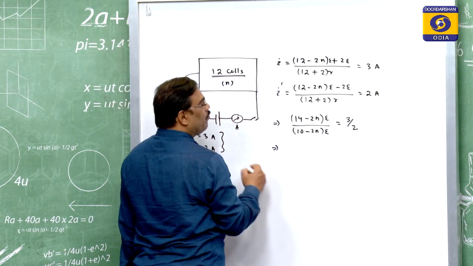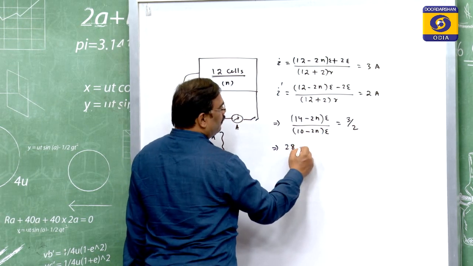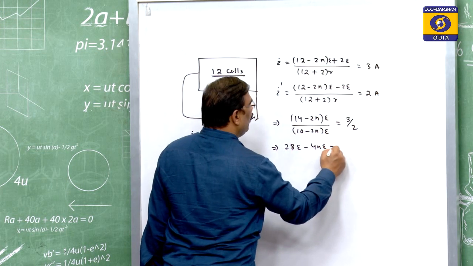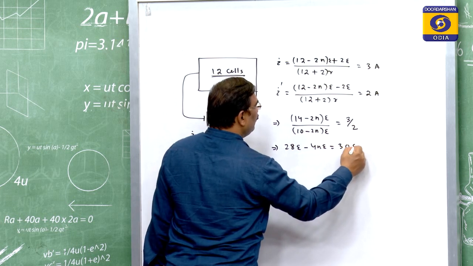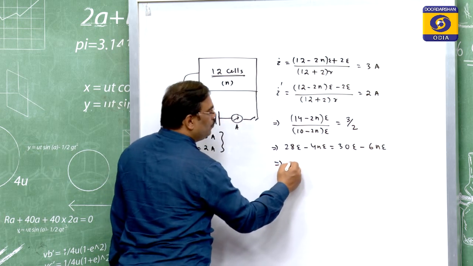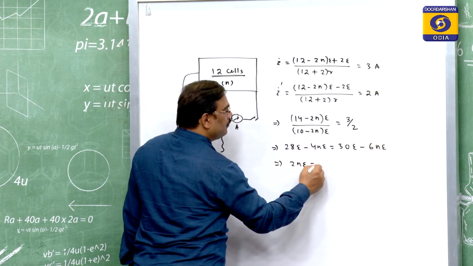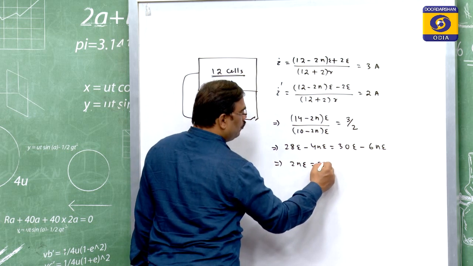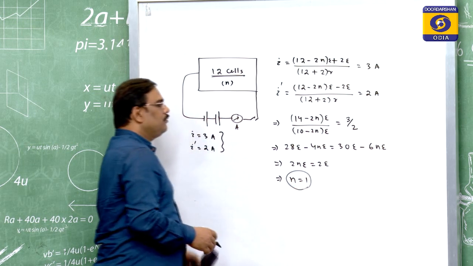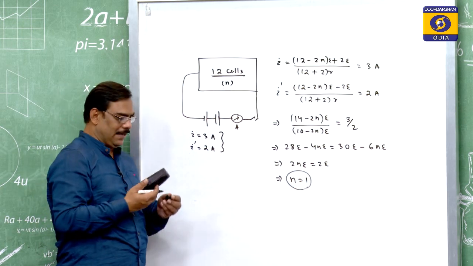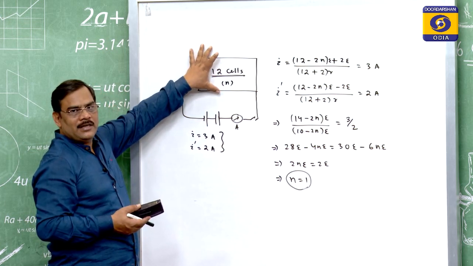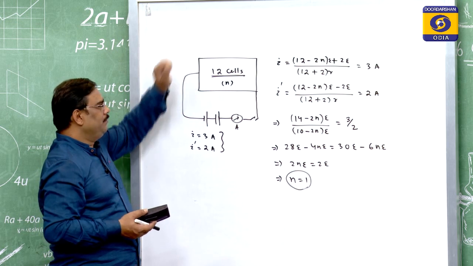So, this will give me 28E minus 4nE equal to 30E minus 6nE. So, 2nE equal to 2E. So, this implies n equal to 1. So, only one cell is wrongly connected in this battery. Inside this battery, only one cell is wrongly connected.